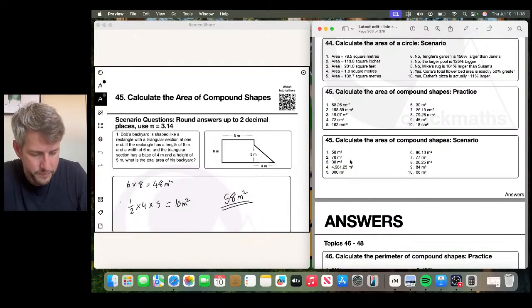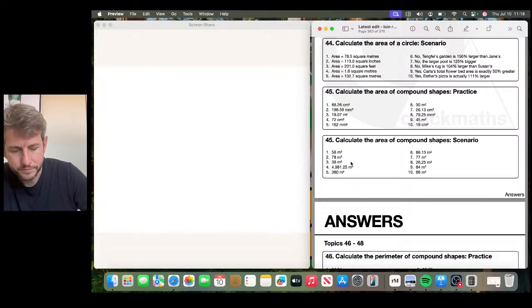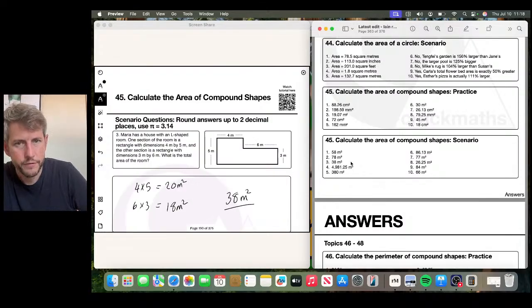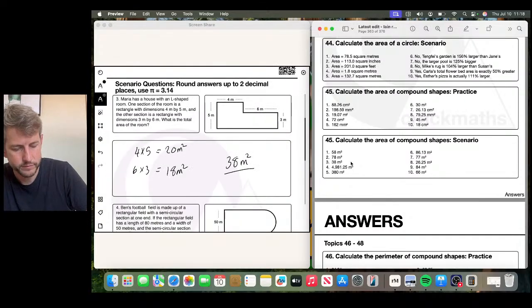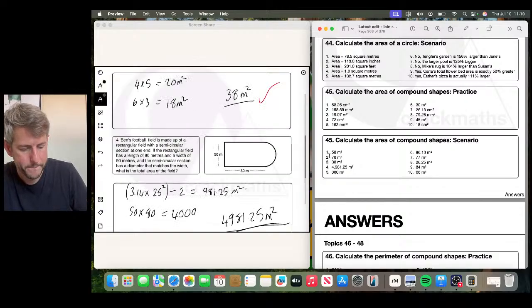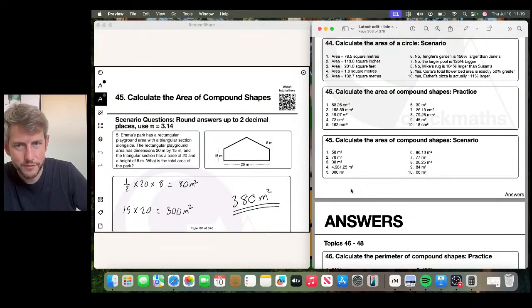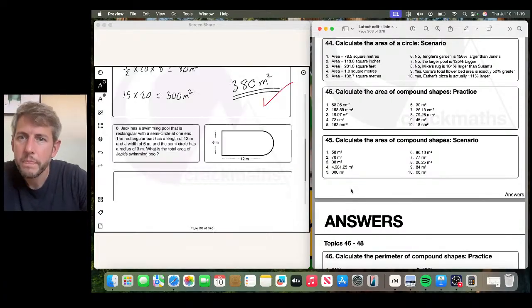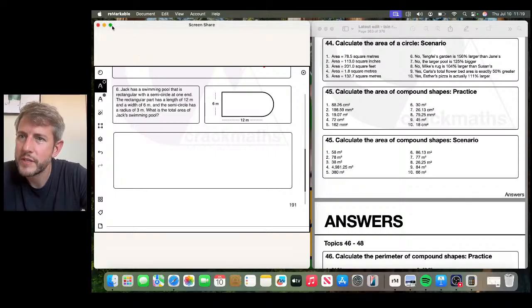Right, so first one, 58, yes, we agree. 78, we agree. 38, we agree. 4,981.25, we agree. And 380, we agree. Okay, right. I think this is going to be plain sailing now. So let's do these ones here.